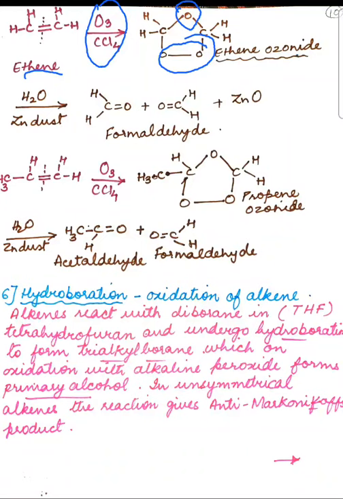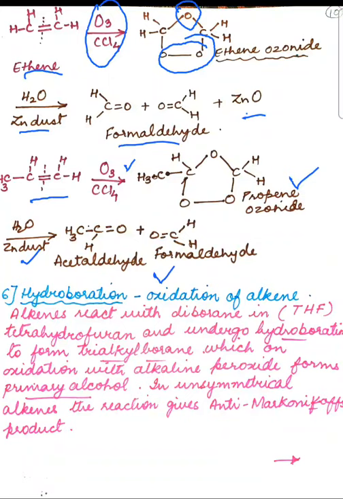This ethene ozonide reacts with zinc dust to form formaldehyde and zinc oxide. Another example is of propene. It adds on ozone to form propene ozonide, which on further reaction with zinc dust gives acetaldehyde and formaldehyde. That is, two types of aldehydes are formed.